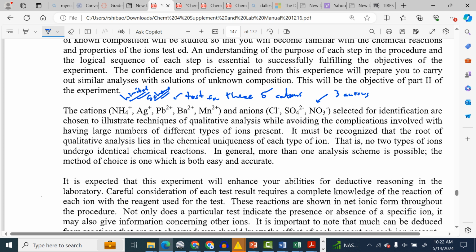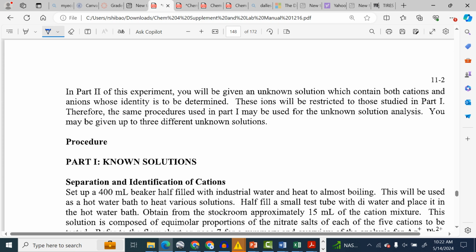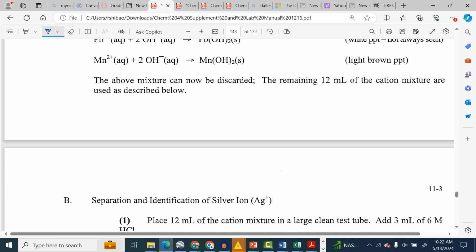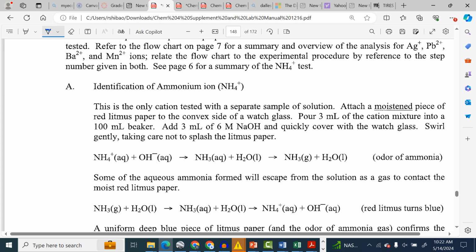So does our solution contain ammonium, silver ion, lead 2, barium, or manganese 2? And so I recommend skip for now the ammonium test.